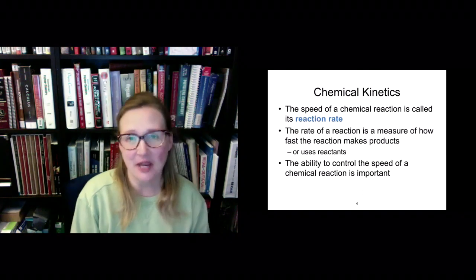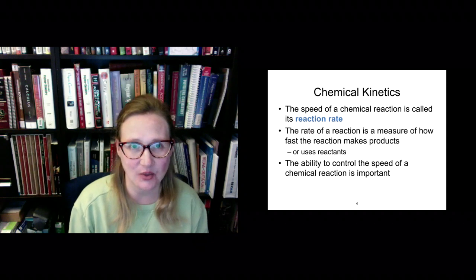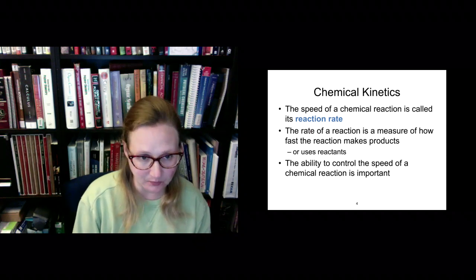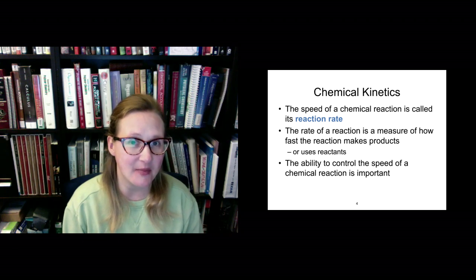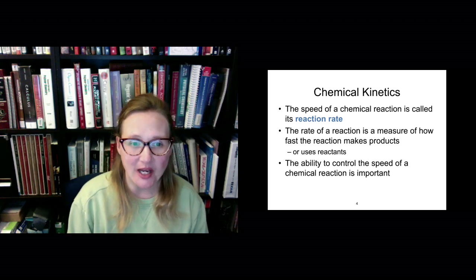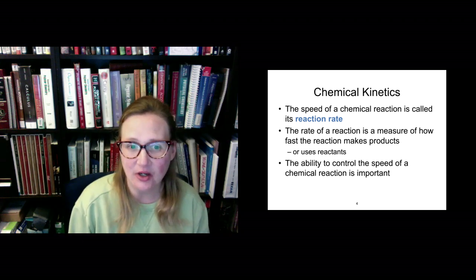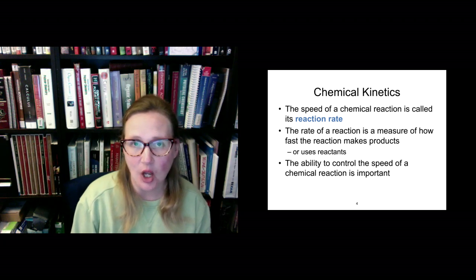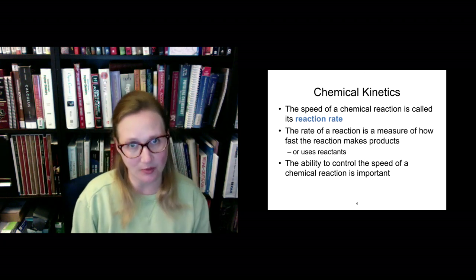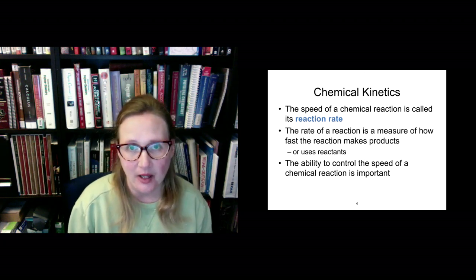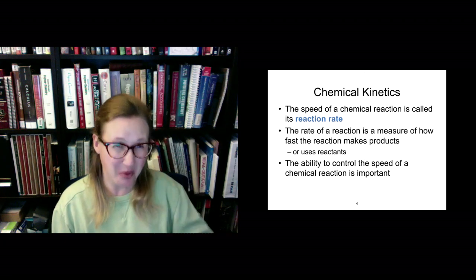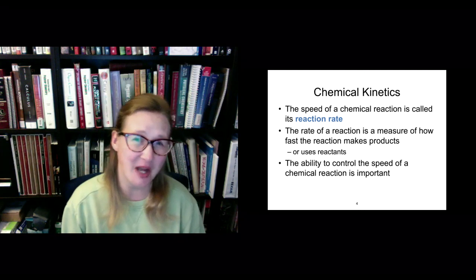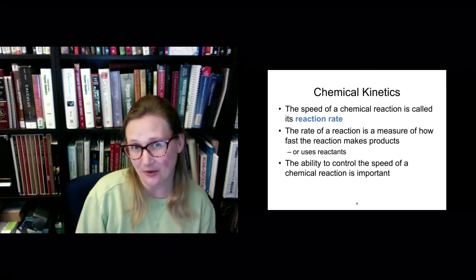All right, so what is chemical kinetics? Chemical kinetics is really the speed of a reaction. We're going to be using the term reaction rate a lot in this unit, where the rate of reaction is the measure of how fast you make products or how fast you use up reactants. Really importantly in chemical kinetics, it's important to be able to control the rates of reactions, and you can do this a number of ways.